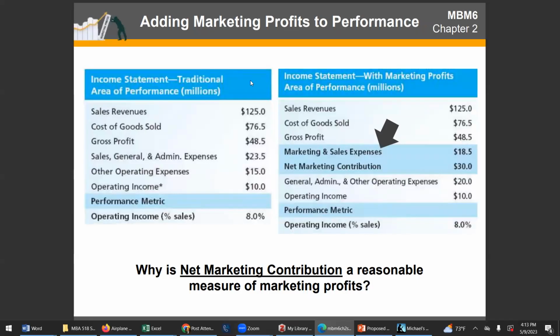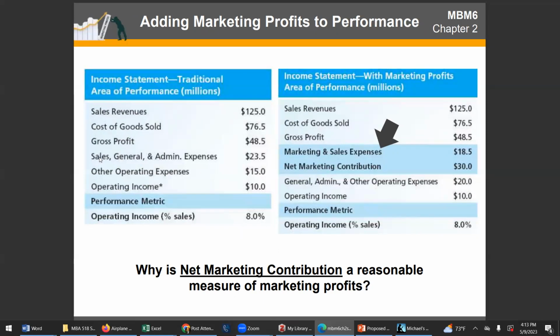So let's take a look at this slide here. What we can see is a typical income statement, right? We've got 125 in revenue, an operating income of 8%, let's say, in this hypothetical.